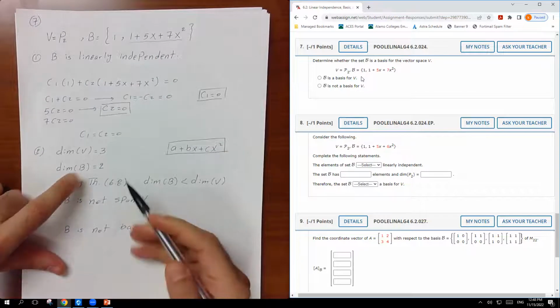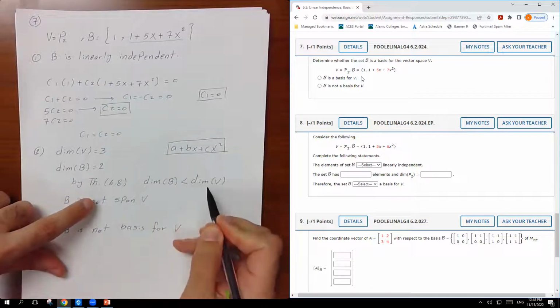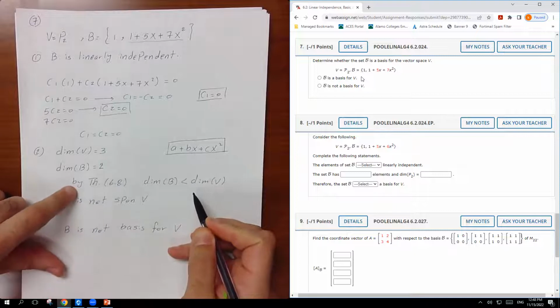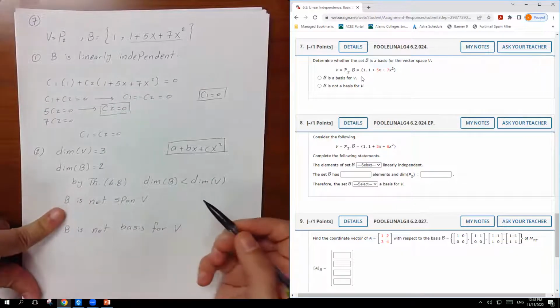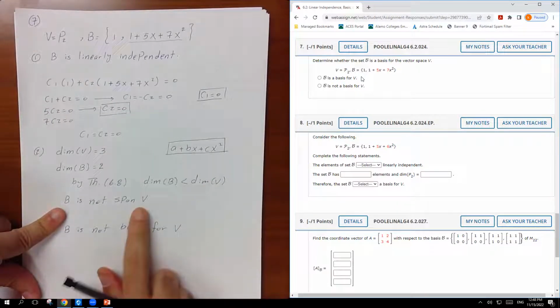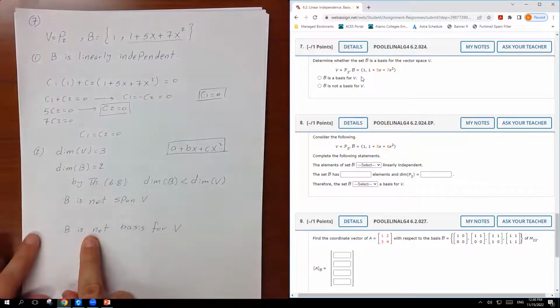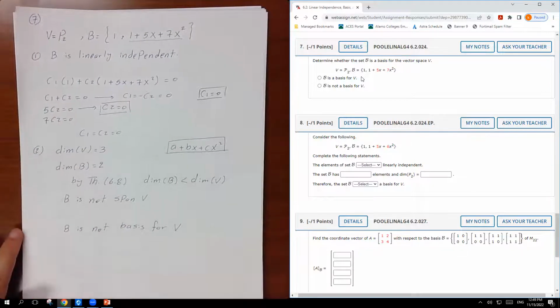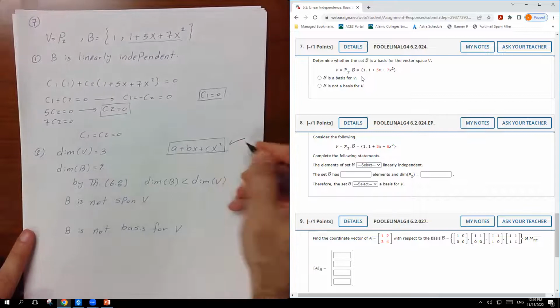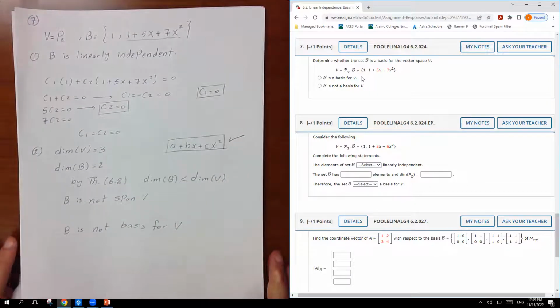That means the dimension of B is less than the dimension of V. By this theorem, B does not span V, so B is not a basis for V. So that's the important thing here. The dimension of the polynomials with degree 2 is 3. So we're just going to say it's not a base for V.